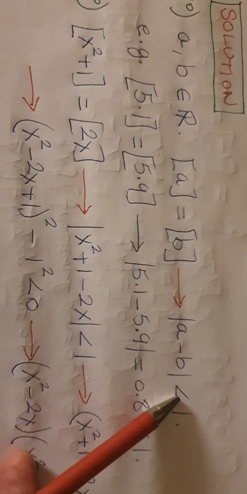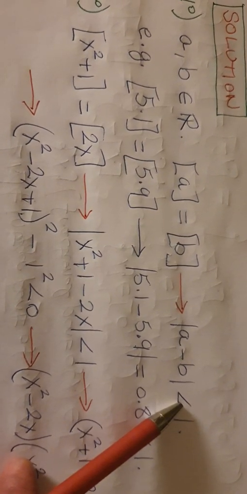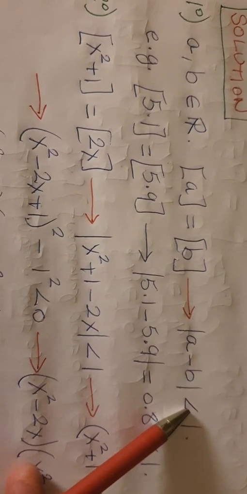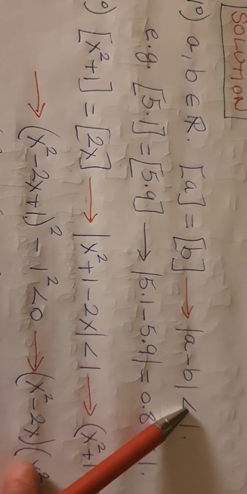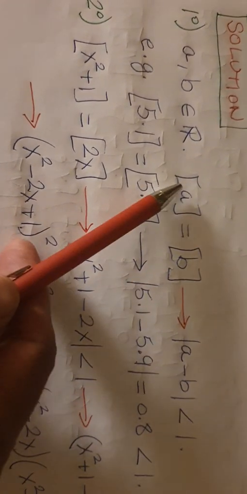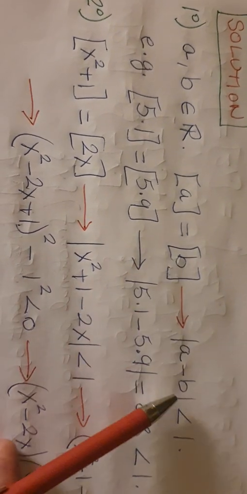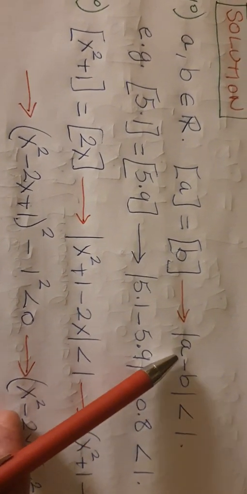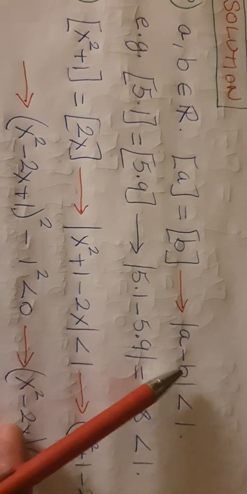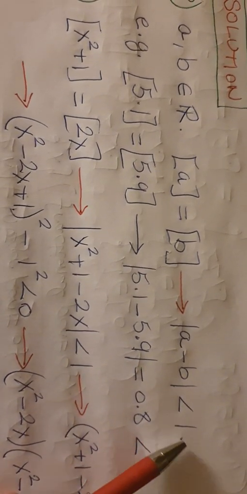So I repeat, a and b, two arbitrary real numbers. If the integer part of a is equal to the integer part of b, then we can deduce that the distance between a and b is always strictly less than 1.